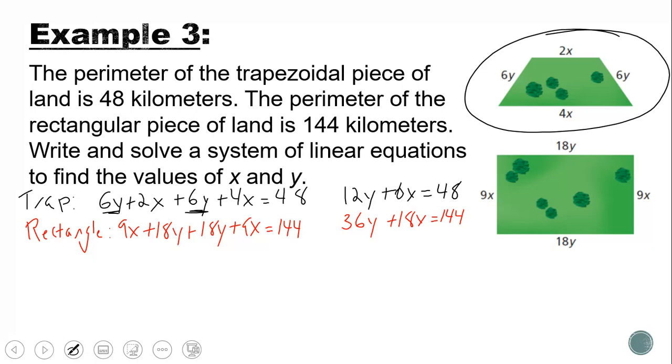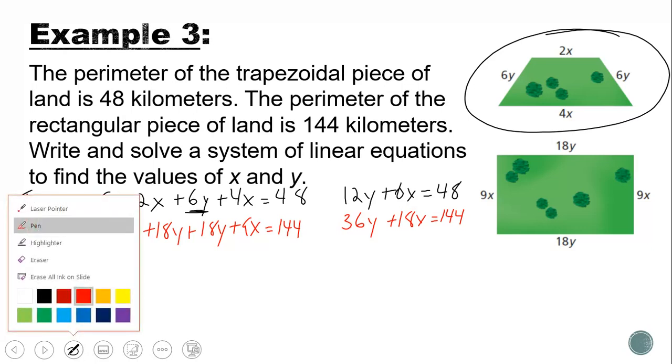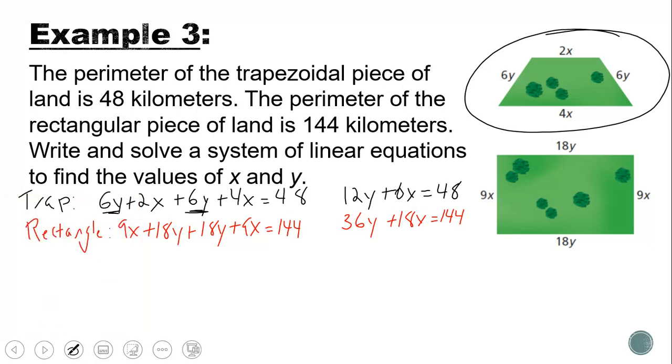Easiest option here is probably to solve this by elimination. So in order to do that, I'm going to go with my x's here, and I'm going to get this 6 to become a negative 18. So I'm going to multiply my entire top equation by negative 3. My new top equation now is going to be negative 36y minus 18x is equal to negative 3 times 48, which is negative 144.